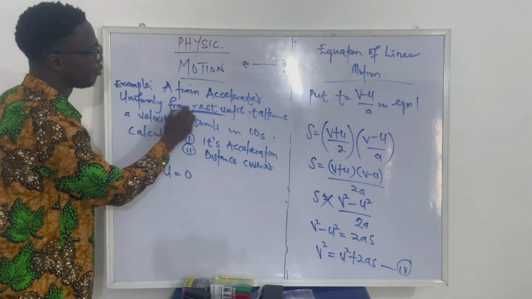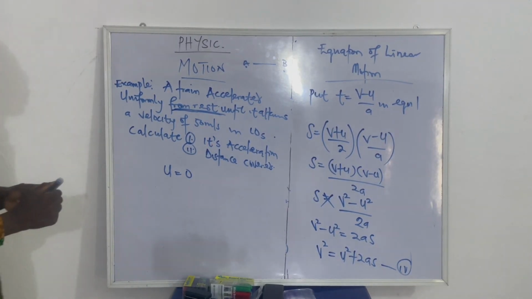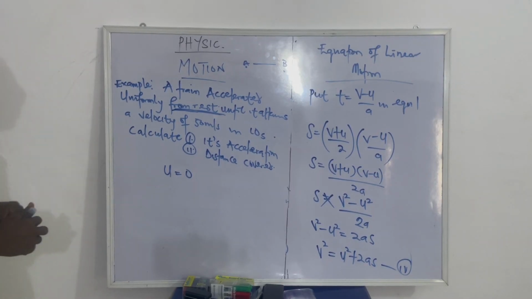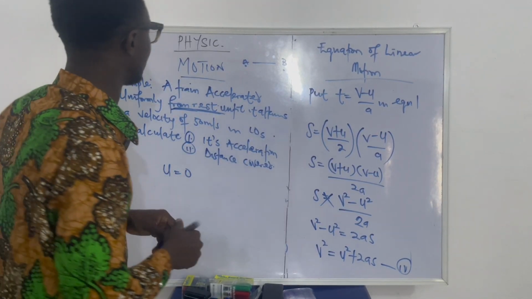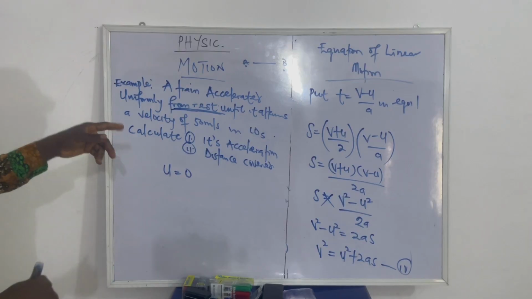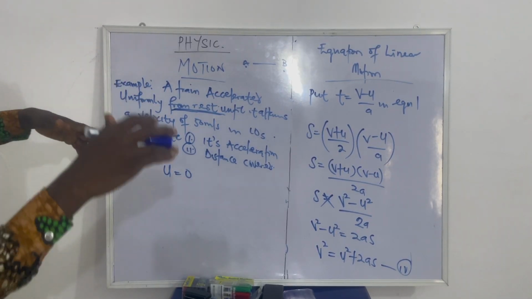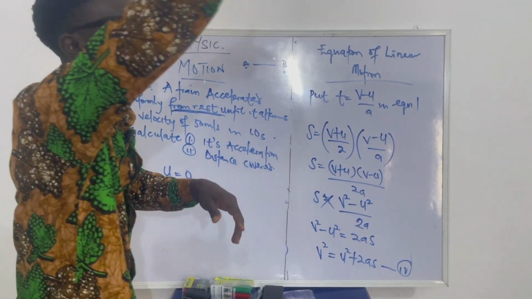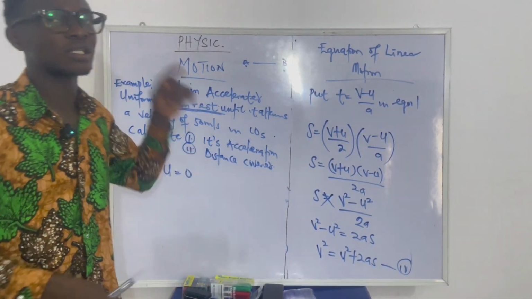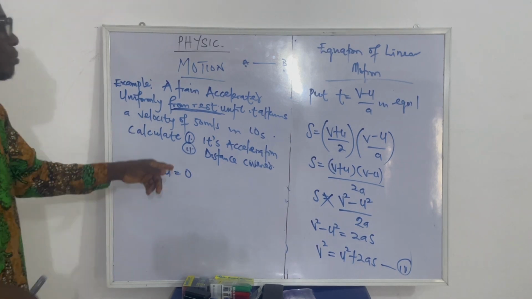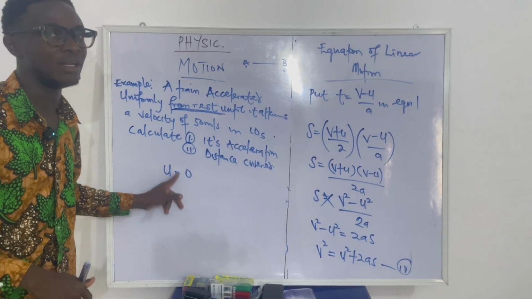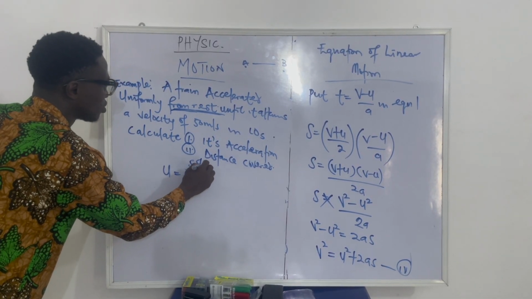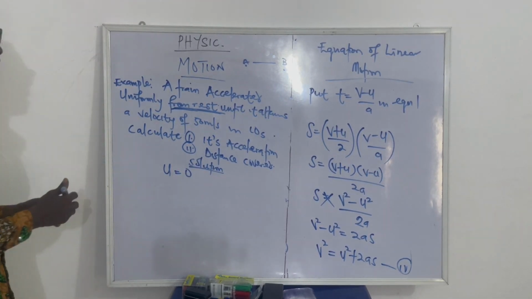Once you hear the words from rest, the initial velocity will always be 0. And when you hear the words a body goes to rest, then you know that the final velocity will be 0. But when you hear the words from rest, it shows that the initial velocity will be 0. So you need to write out the parameters.